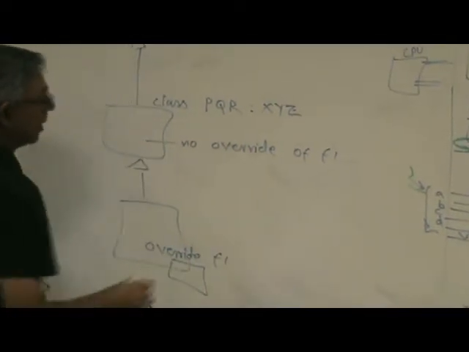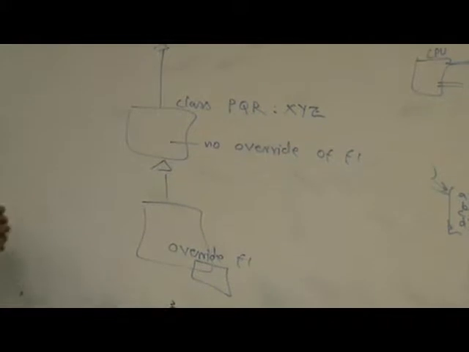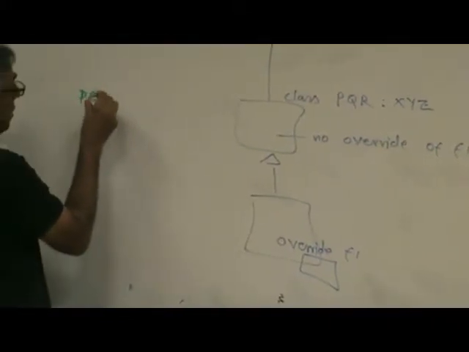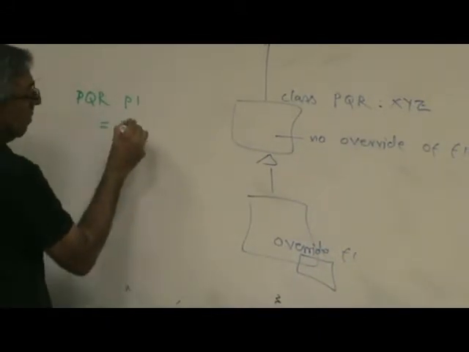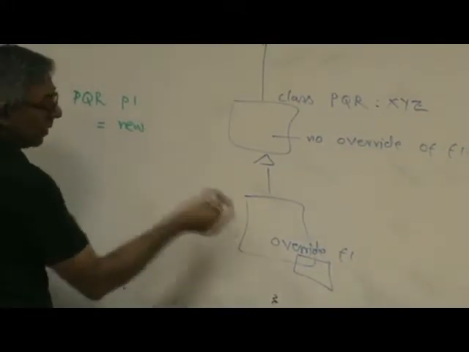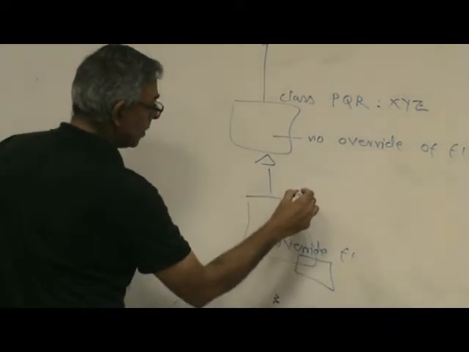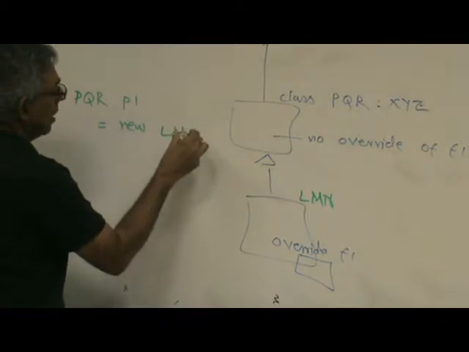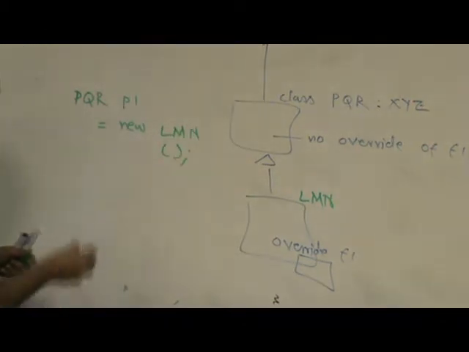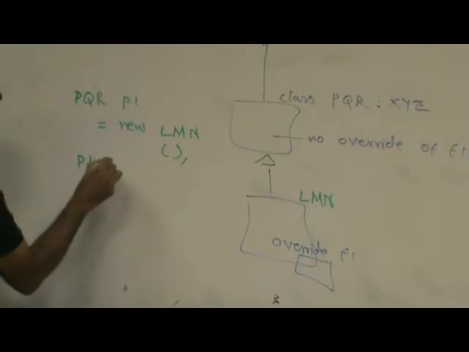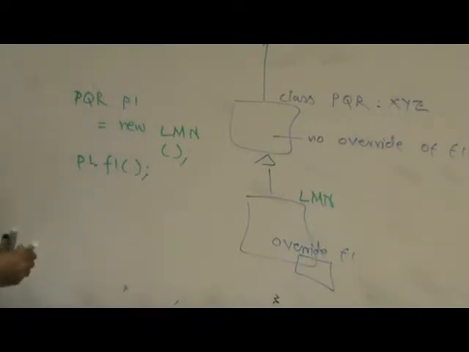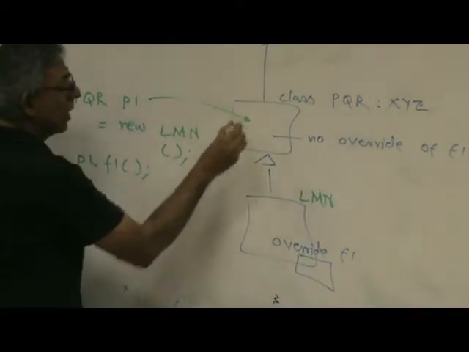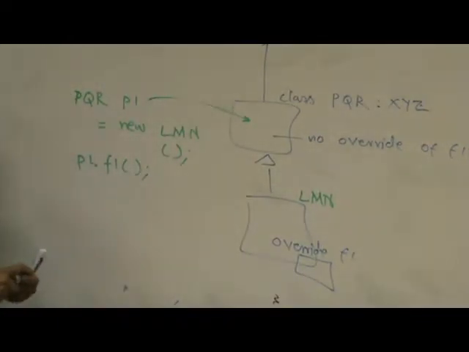And if you wrote some code, let's say PQR P1 equal to new LMN, and then you did P1.F1, again what the compiler will do is start from P1 and come over here to see if F1 is declared.